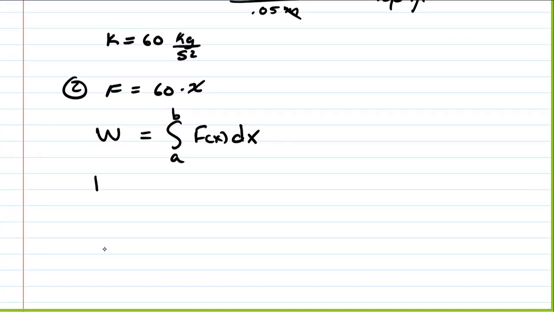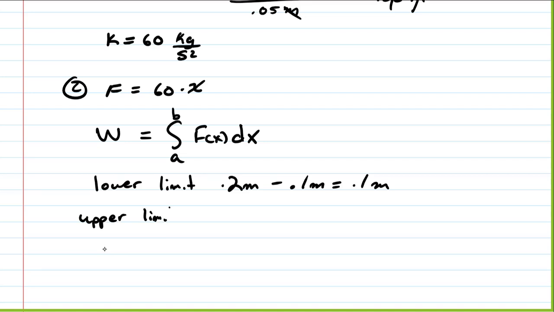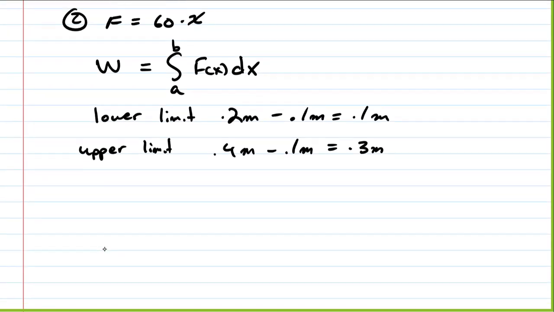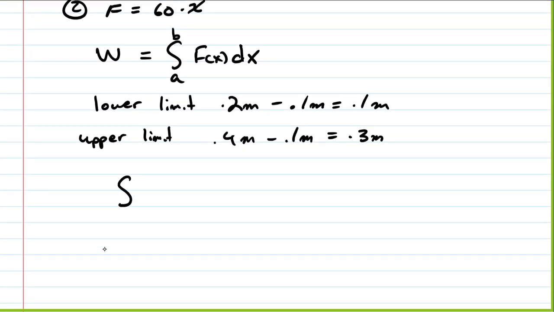So our lower limit is going to be 0.2 meters minus 0.1 meters, which gives us 0.1 meters, and our upper limit is going to be 0.4 meters minus 0.1 meters, which gives us 0.3 meters. So once again, suppressing all of our units, our work is the integral from 0.1 to 0.3 of our force function, which is 60x times dx.